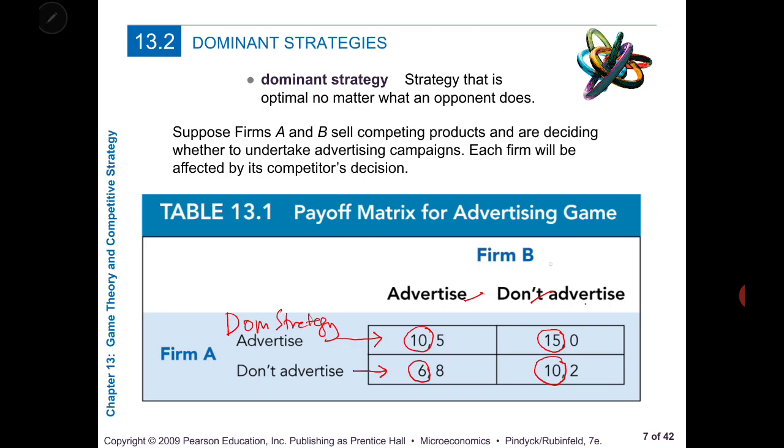Okay. Now look at firm B. Same thing, we can do the same analysis. If firm B advertises, it stands to gain 5 and 8, regardless of firm A's decision. But if it doesn't advertise, it's 0 and 2. So between these two sets of outcomes, the dominant strategy for firm B would be to advertise.